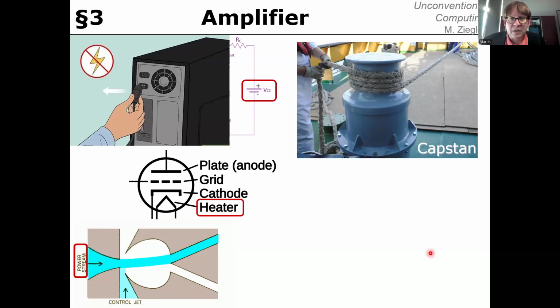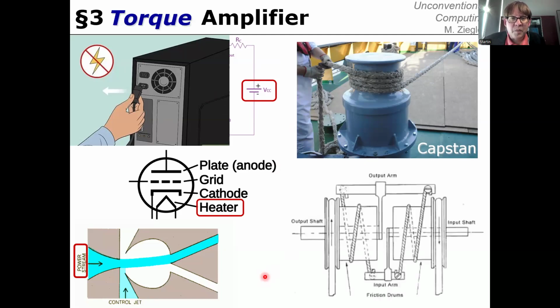torque amplifier, which was a device, I think, even invented by Vannevar Bush. And this device is basically two capstans rotating in opposite direction combined. So this is one capstan, and this is another capstan, and they rotate in opposite directions. And this is the input arm, and this is the output arm.